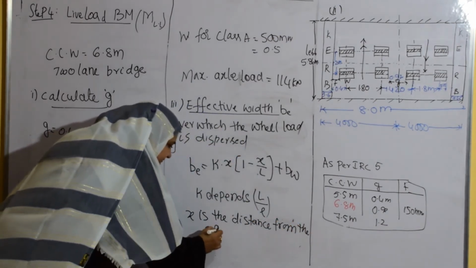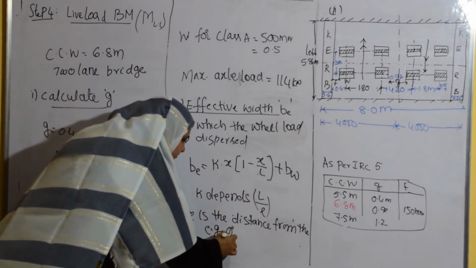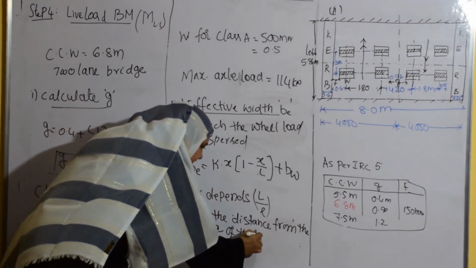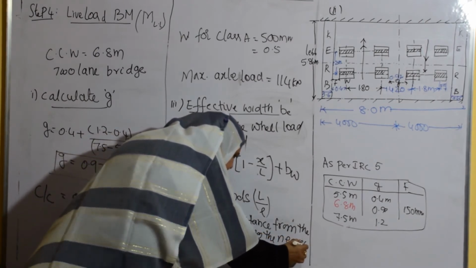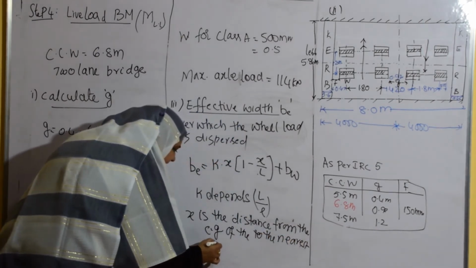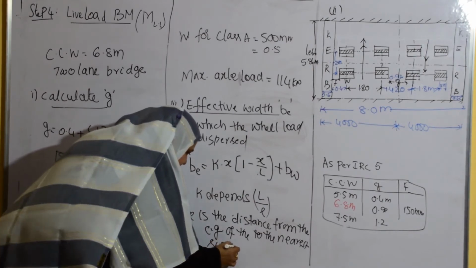CG means center of gravity. From the CG of the load to the nearest support. If you have IRC 5, you can check.